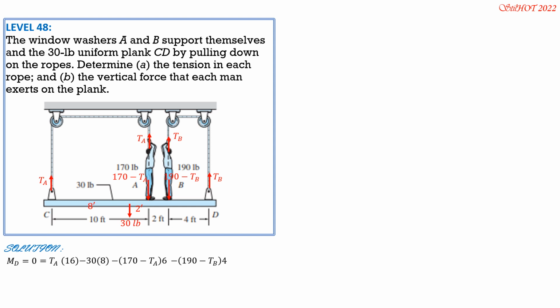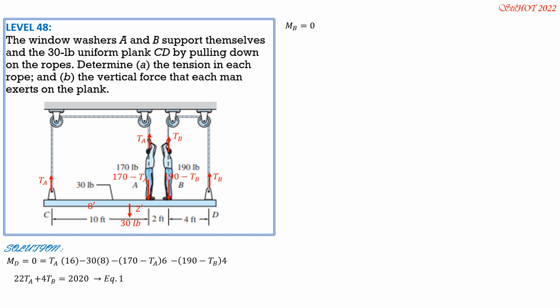So simplifying, 16 then negative 6 T_A, so that would be 22 T_A, then plus 4 T_B equals 30 times 8 plus 170 times 6 plus 190 times 4, and that is 2020. Call that equation 1.